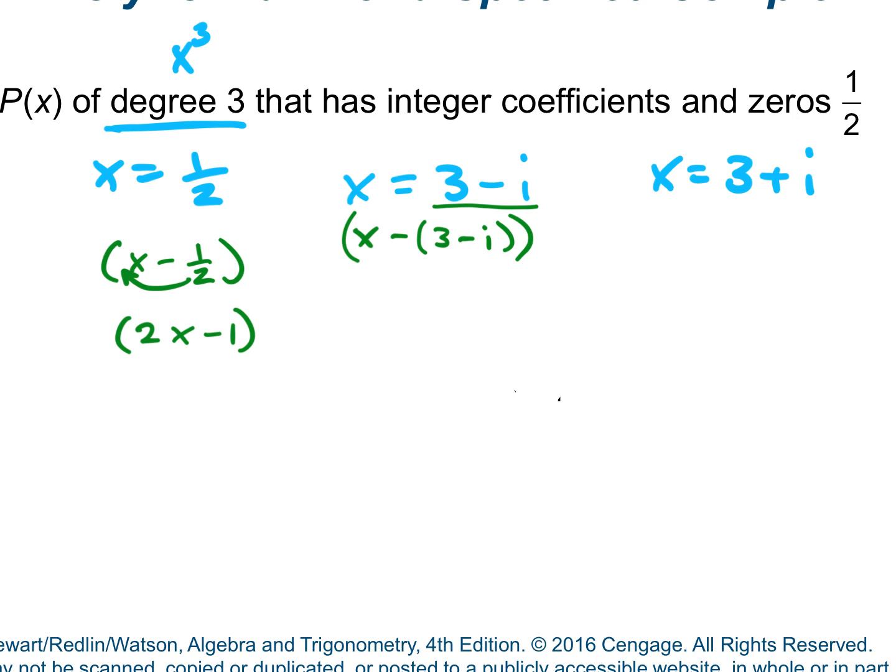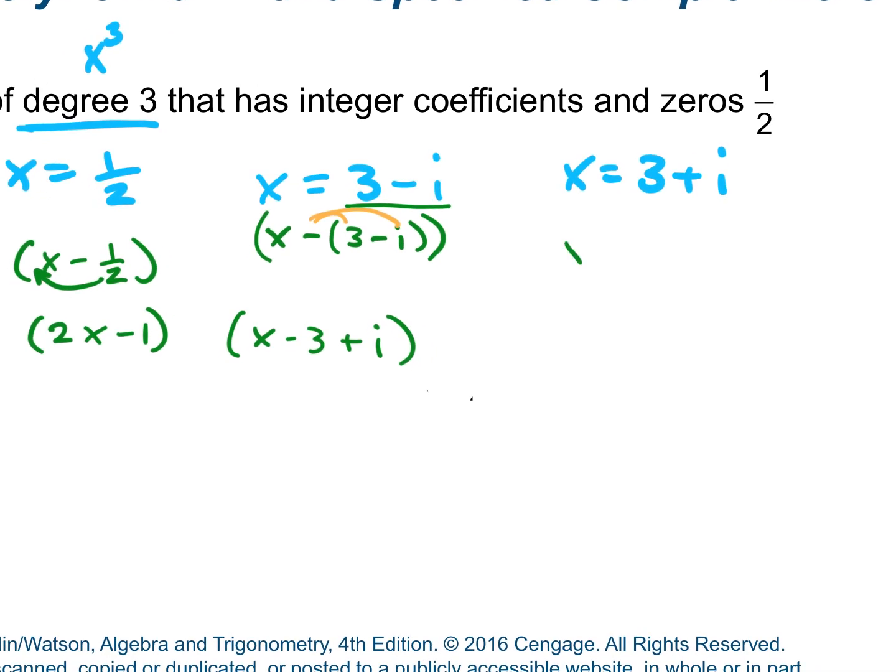So what would I do to simplify this a little bit? Distribute the negative, so it turns into x minus 3 plus i. And then same thing with the other one. We have x minus 3 plus i. So we're going to distribute the negative. So that would be x minus 3 minus i.